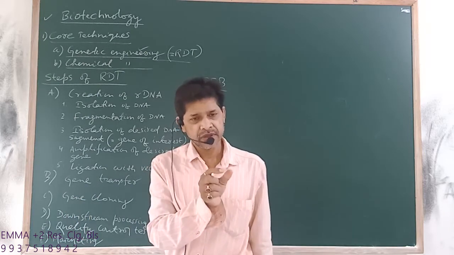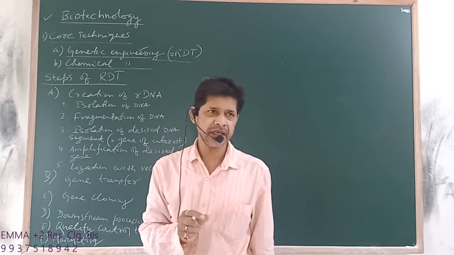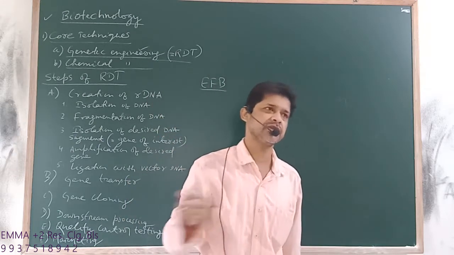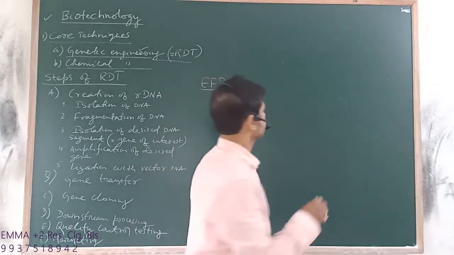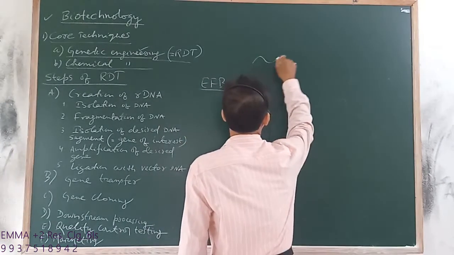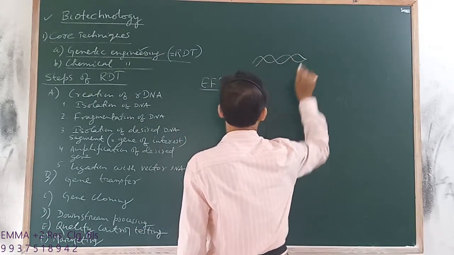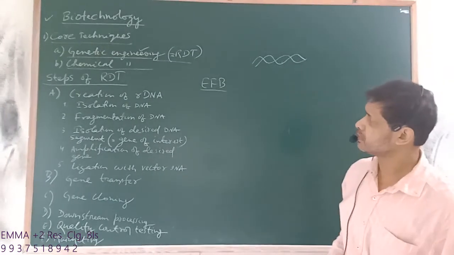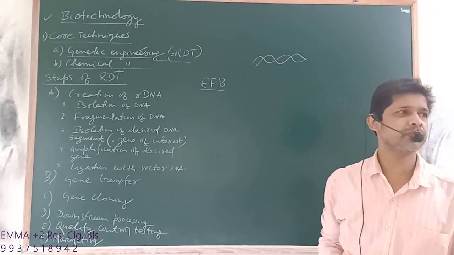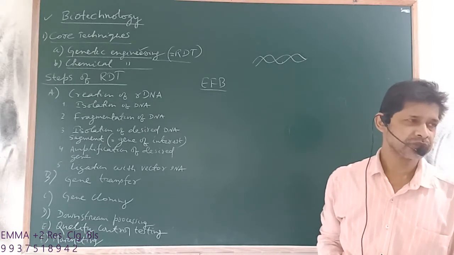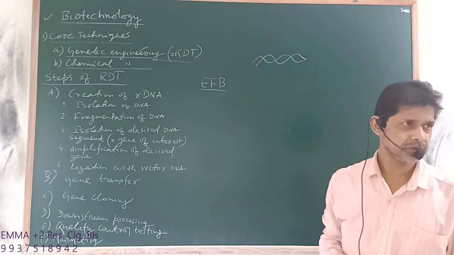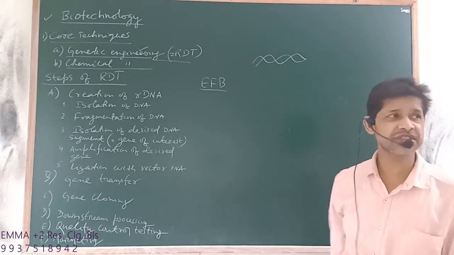So, one segment of DNA can express in two steps, transcription, translation. Suppose this DNA is mutated. So, this mutated gene is not functional. So, we need another functional gene which can replace this defective gene.